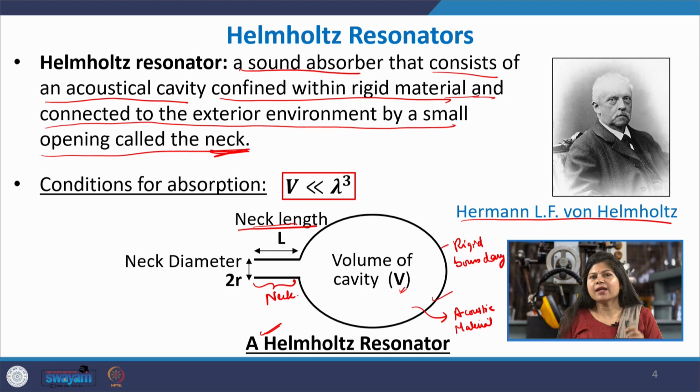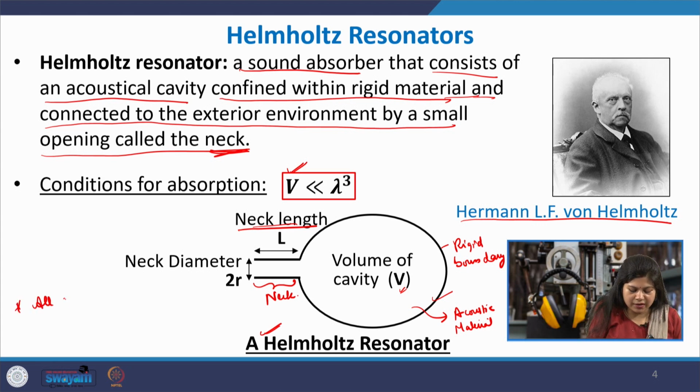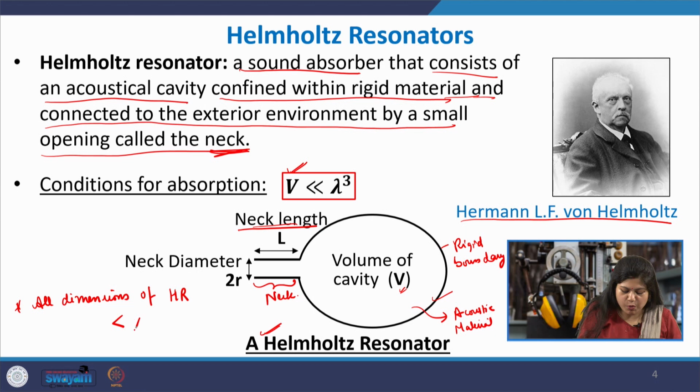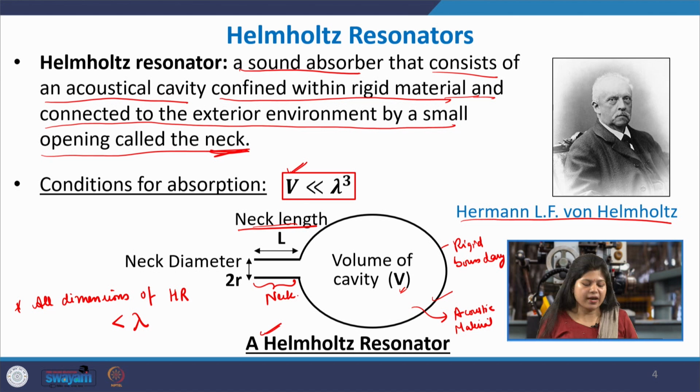Now, this will act as an absorber. The first condition for that is that the volume of the acoustical cavity has to be much smaller compared to the cube of the wavelength. In other words, all dimensions of the Helmholtz resonator, be it the length of the neck, the diameter of the neck, or the dimensions of the cavity, have to be smaller than the wavelength under consideration, so that it can act as an absorber at that wavelength.